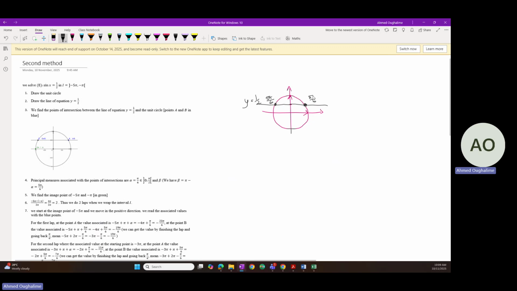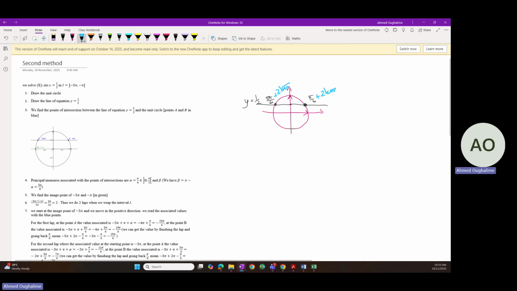What are all the possible associated values here? We just add plus 2k pi. So we have all the solutions in R.